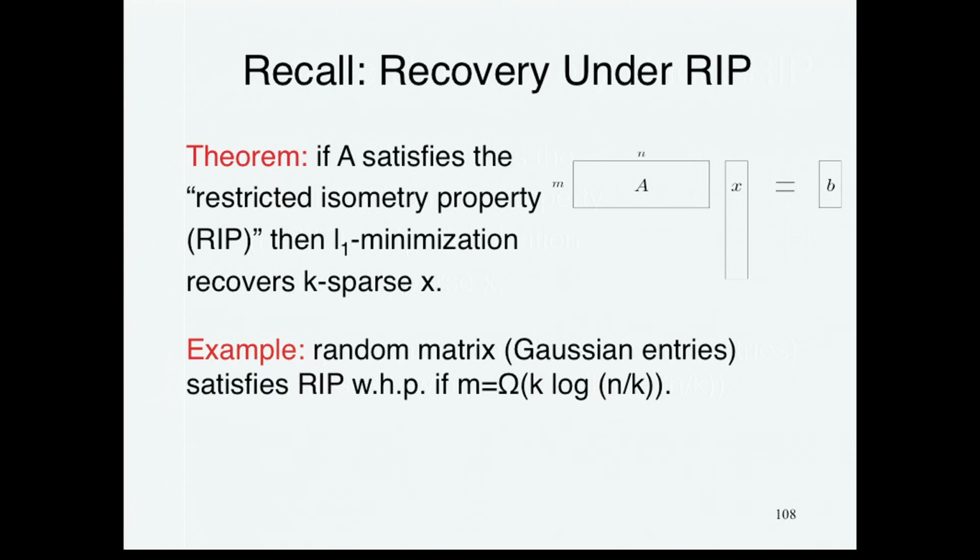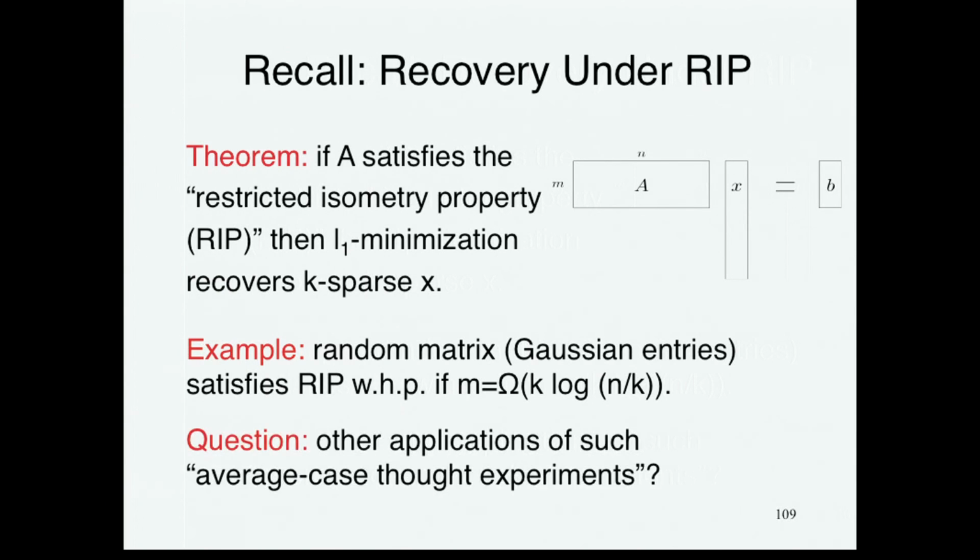So you do an average case thought experiment with a random matrix, but then from it you extract a deterministic condition, a deterministic restriction on the input, which has the guarantee. And this, of course, is stronger. If you pick a random matrix, it'll satisfy this with high probability, but there will be other totally non-random matrices which also satisfy this condition, like the Fourier matrix, and then you also get polynomial time recovery. So it's always better to have a deterministic surrogate if you can get away with it. That's the first example I wanted to revisit.